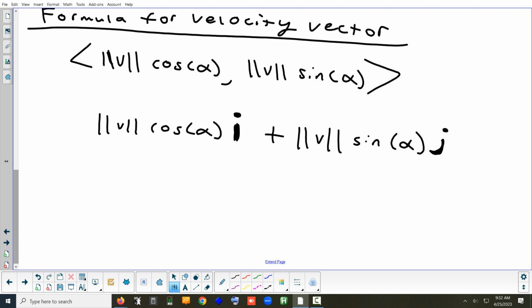Either way, it's the same. But that's the formula for a velocity vector. So again, that's the speed that the object is thrown at. That's the angle that you throw it at. It's the same for the second one as well.